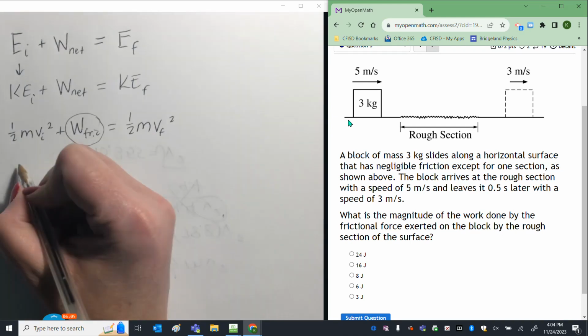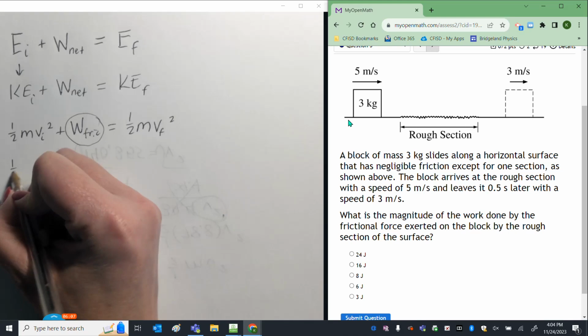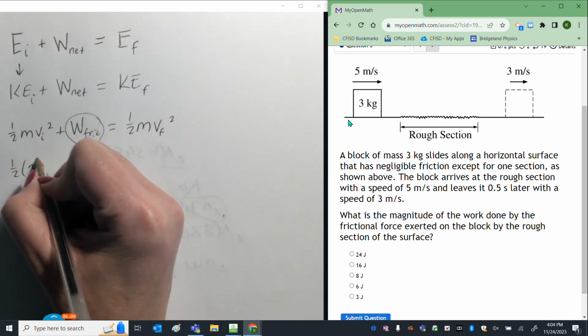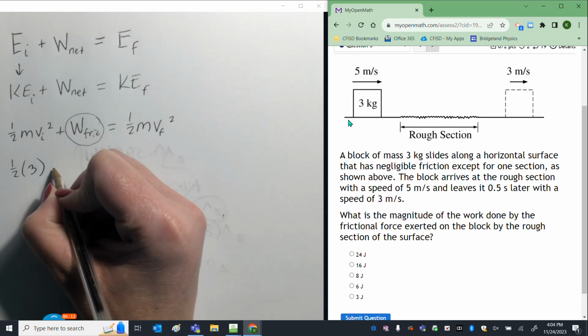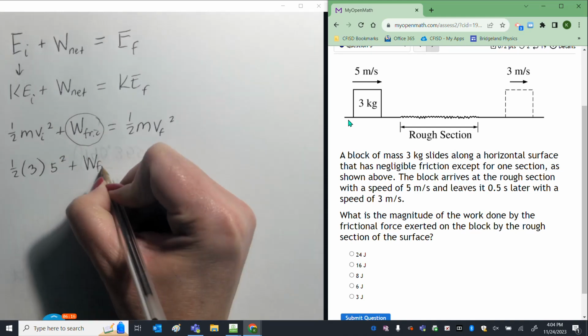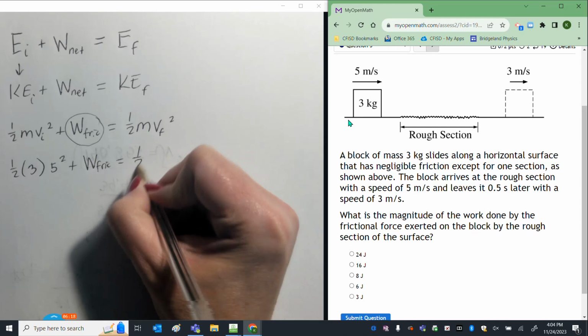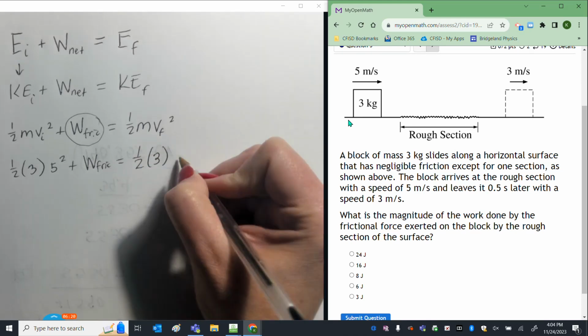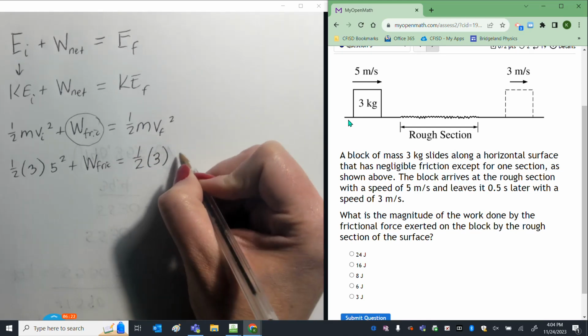So let's plug in 1/2, the mass is 3, the initial velocity is 5, the mass is still 3 at the end. The final velocity at the end is 3.